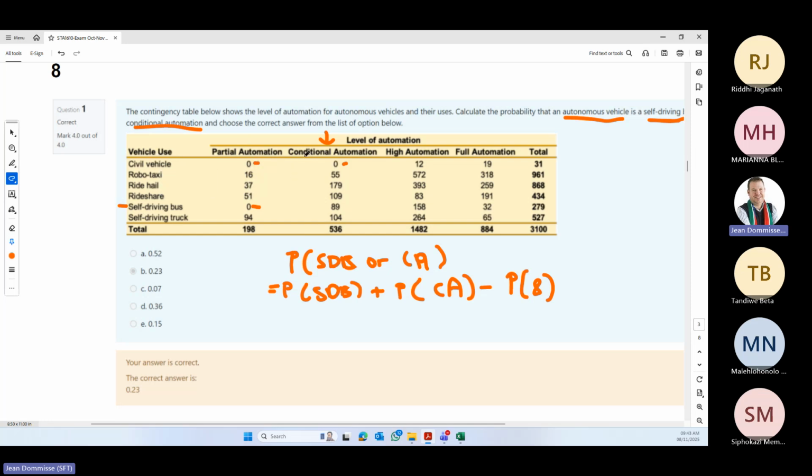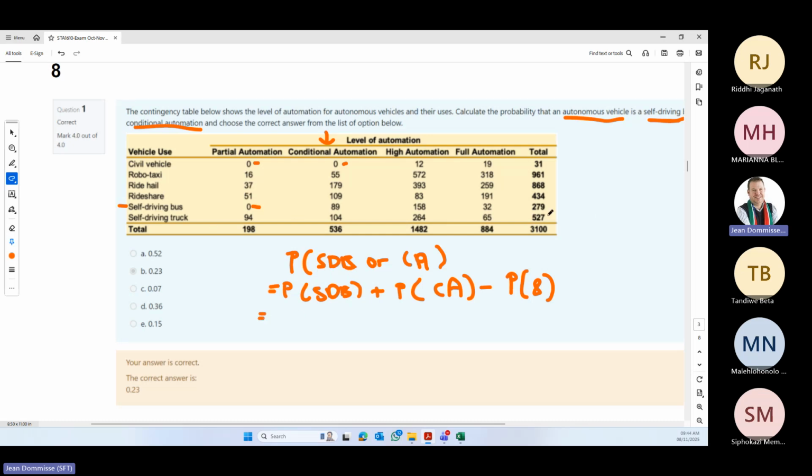Civil vehicle, conditional automation, 0. So those two are also mutually exclusive. Just to reiterate, when there's a 0 in a table like that, it means those two variables are mutually exclusive.